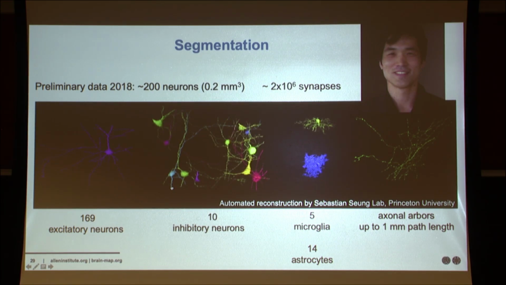Even with our small segmentation, we've been able to do a cell types analysis of a small network that's allowed us to ask and answer questions that would have been extremely hard, if not impossible, with previous techniques.